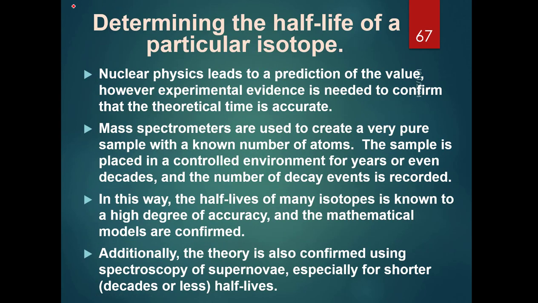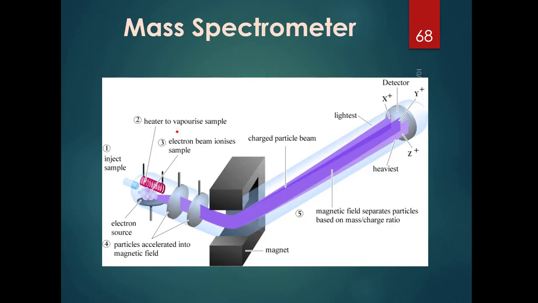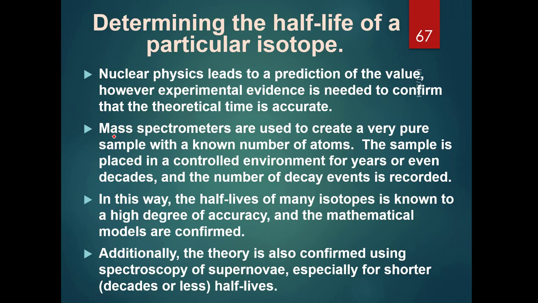So how do they determine the half-life of a particular isotope? Nuclear physics leads to the prediction of the value. However, experimental evidence is needed to confirm that the theoretical time is accurate. We use a mass spectrometer. It's a very, very complicated machine, and I had the luck to work with one because I took an isotope geology class at Virginia Tech.